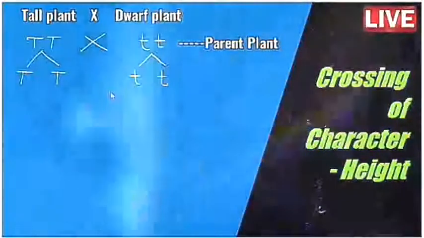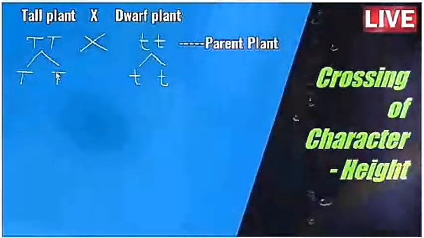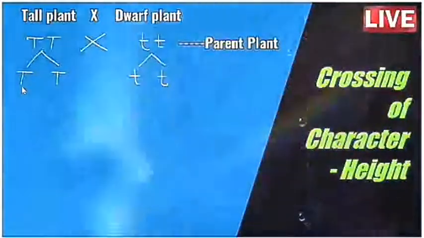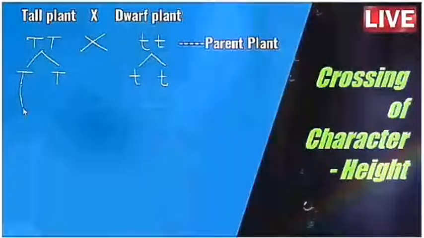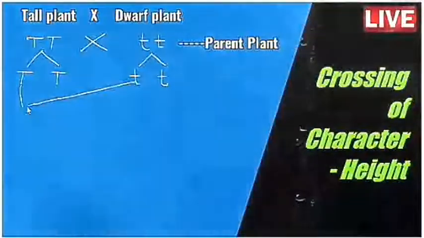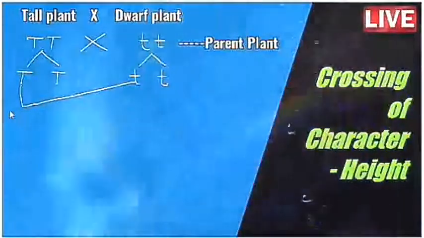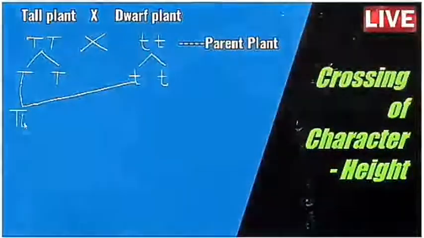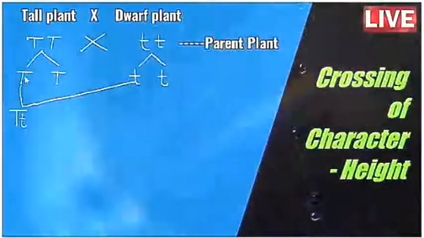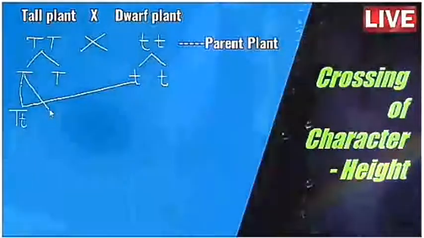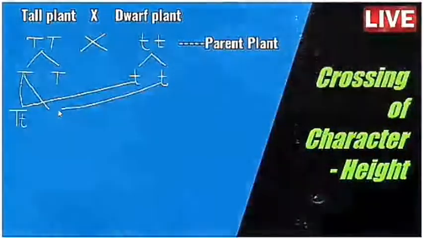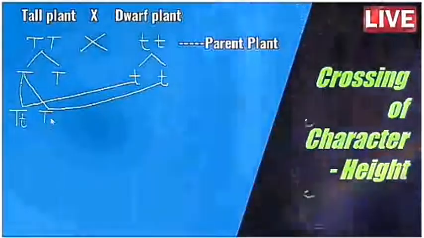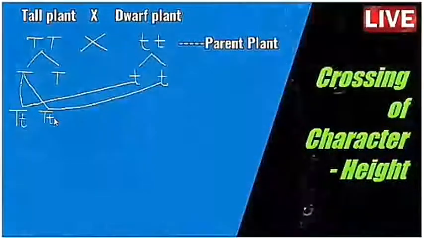So when we cross the allele for tallness in the first plant with the allele for shortness or dwarfness, we'll get heterozygous tall. Similarly, we cross the tall allele again with the dwarf allele. We are going to obtain heterozygous tall.